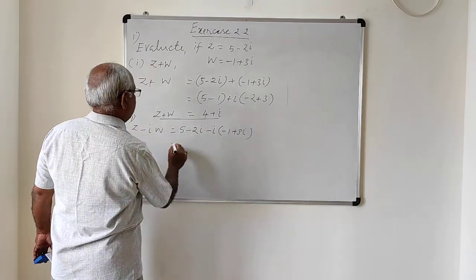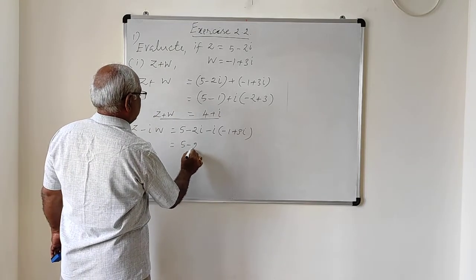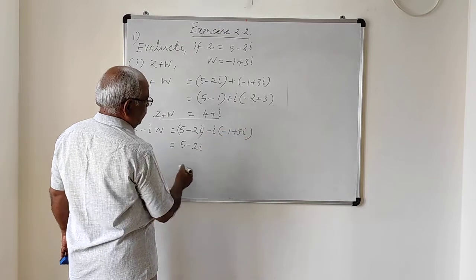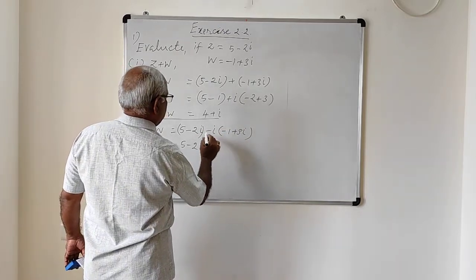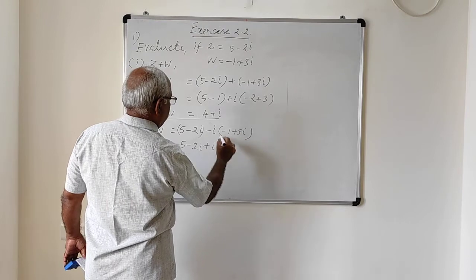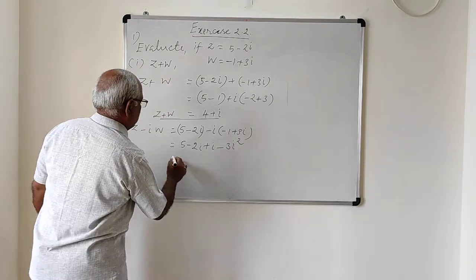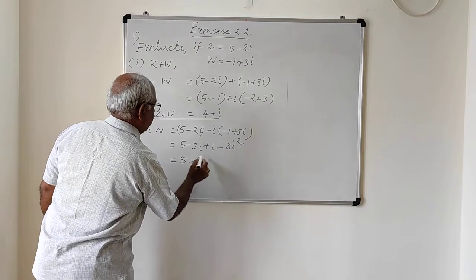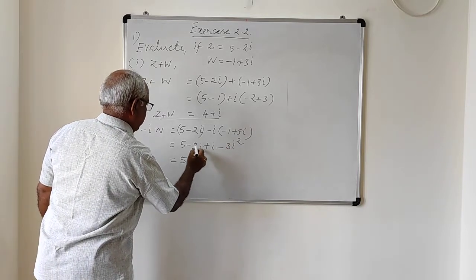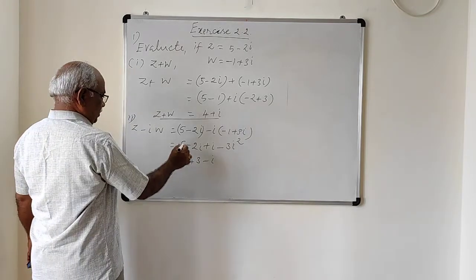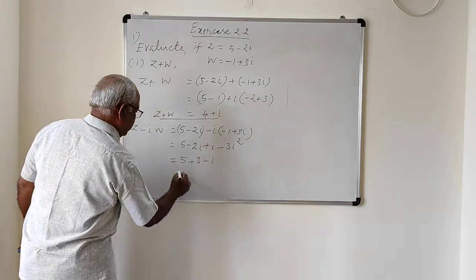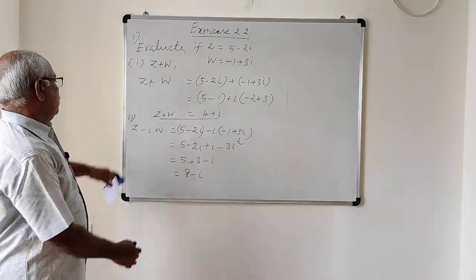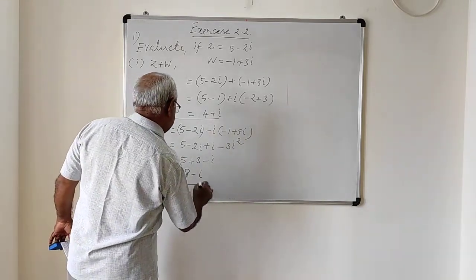Simplifying, you get 5 minus 2i, and multiplying minus i with w, I get minus i into minus 1 which is plus i, and minus i into 3i which is minus 3i square. So real part is 5; i square is minus 1, so minus into minus gives plus 3. Minus 2i plus i is minus i. 5 plus 3 is 8, and 8 minus i is the answer for z minus iw. This is the second subdivision.